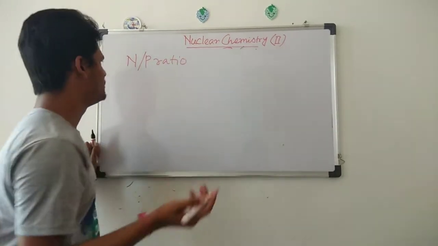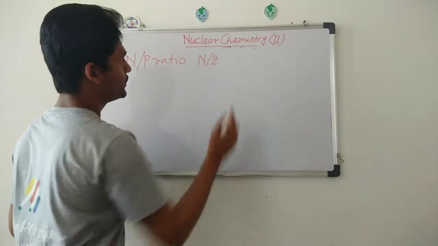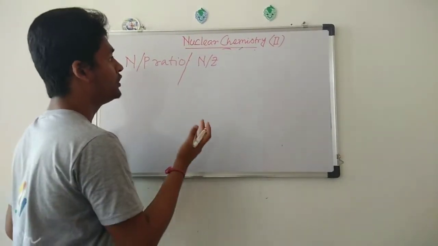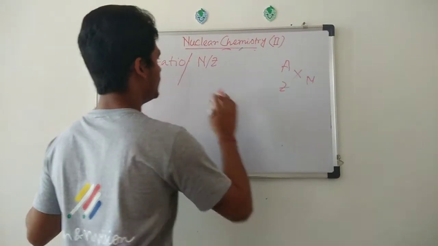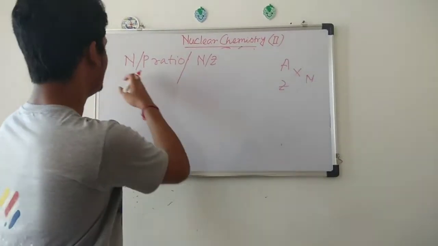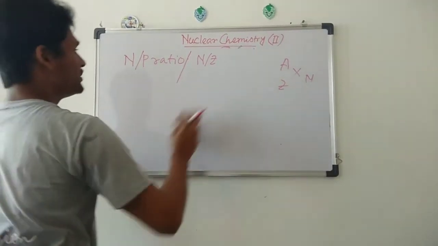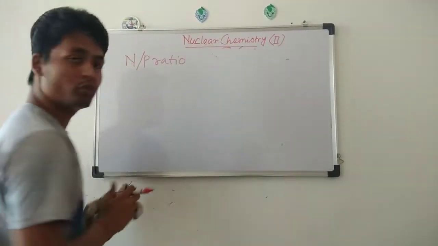In some places it is written as N by Z also, because in the representation we had told A, Z and N. Some places it is written N by P ratio. We will not follow N by Z. We'll follow N by P because it sounds good, neutron and proton, the N by P ratio.